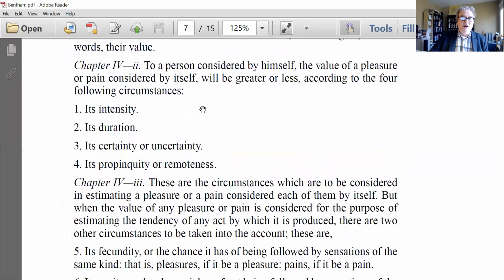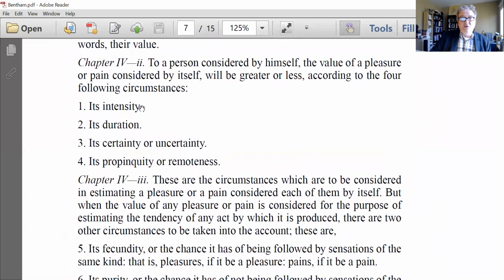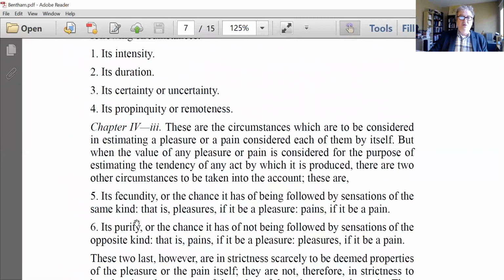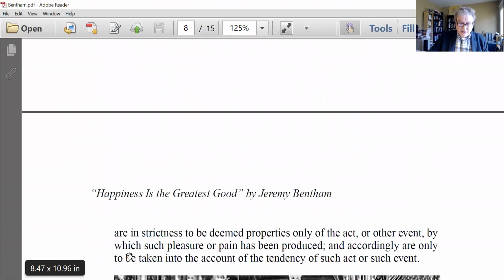And obviously, pleasures that are more intense and have a longer duration, and so on, are the kinds of happiness that we want to promote, not just in ourselves, but for everyone, for the greatest good for the greatest number.